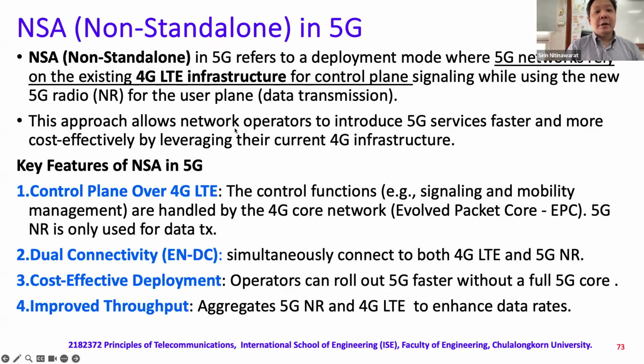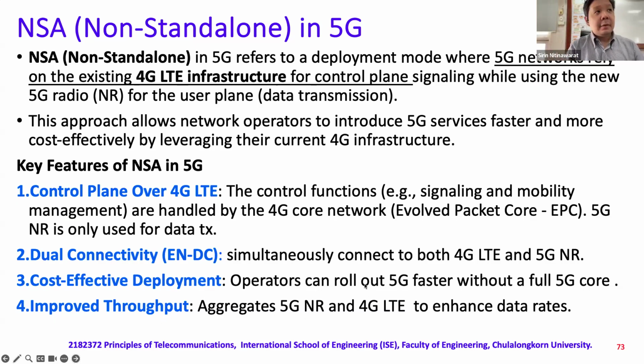And this, of course, allows the network operators to deploy it faster because the 4G is already running, right? You just need to adapt it to support this new radio, to enable this deployment. So in this deployment mode, you see that the connectivity is dual, where the user can select either the new radio or the old radio to connect to the old control plane.